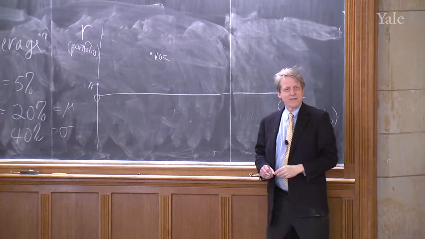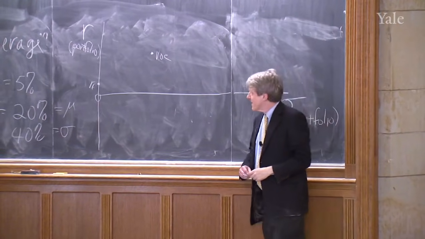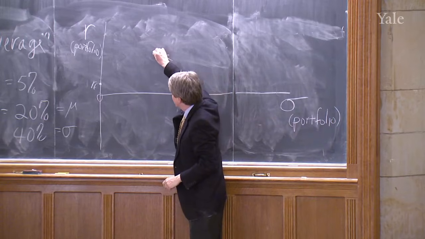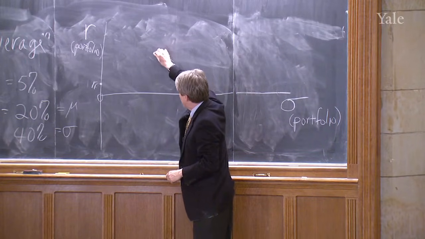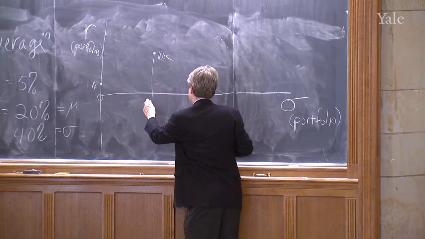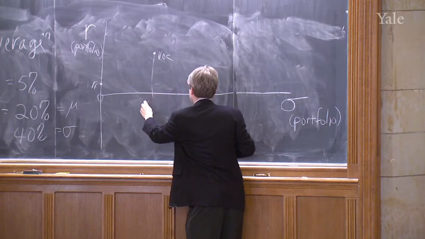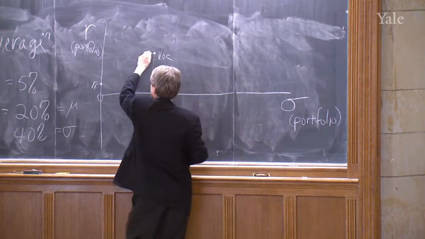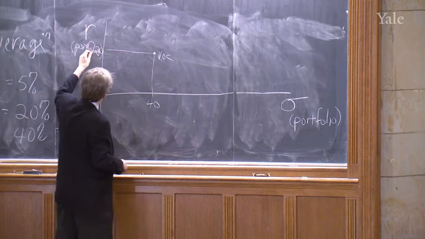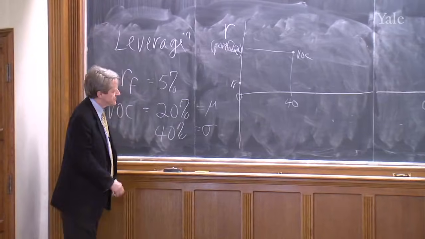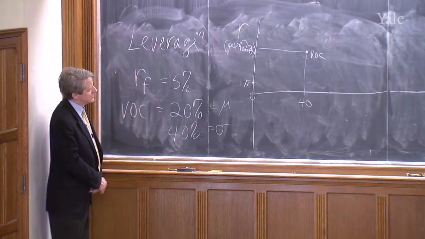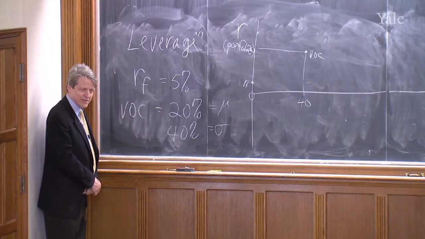Is this big enough for you to see back there? Okay. So VOC is up here, and this is 20. This is a risk of 40. Sorry, expected return of 20 and a risk of 40, right? So those are 2 points, but I can do other things too.